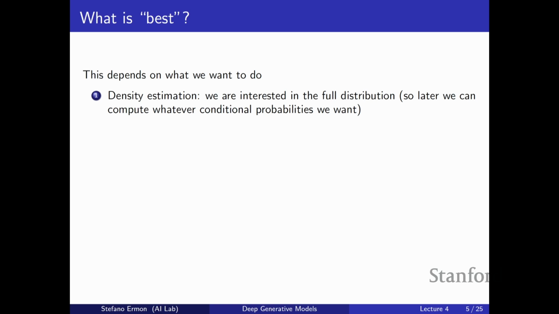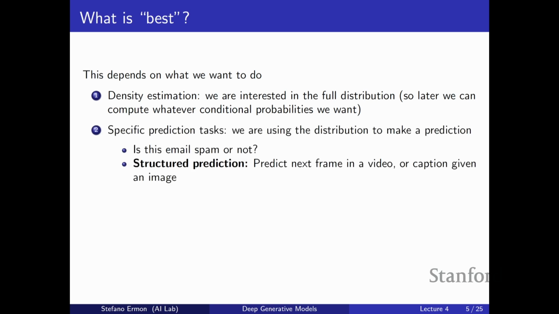Another thing you can do is maybe you have a specific task in mind. If you already know how you're going to use this model, perhaps you can try to train a model that performs well at that particular task. If you know you only care about classifying images as spam versus not spam, then maybe you actually want to build a discriminative model that just predicts y given x.